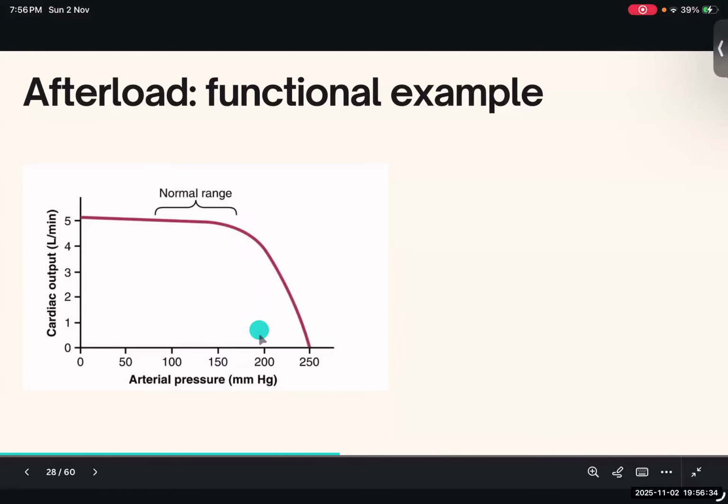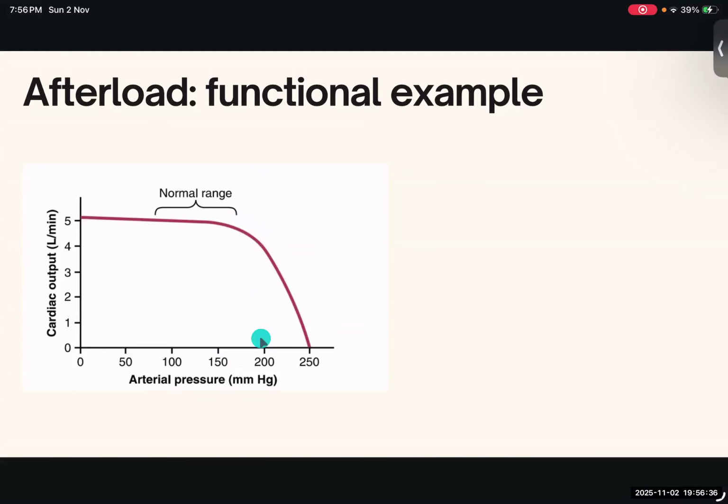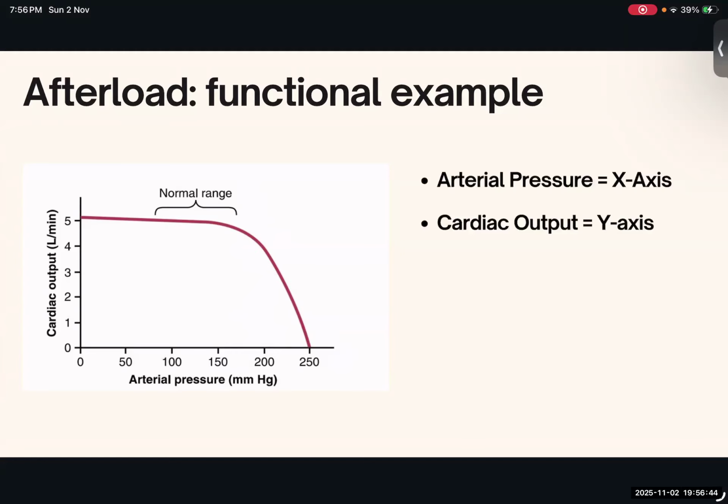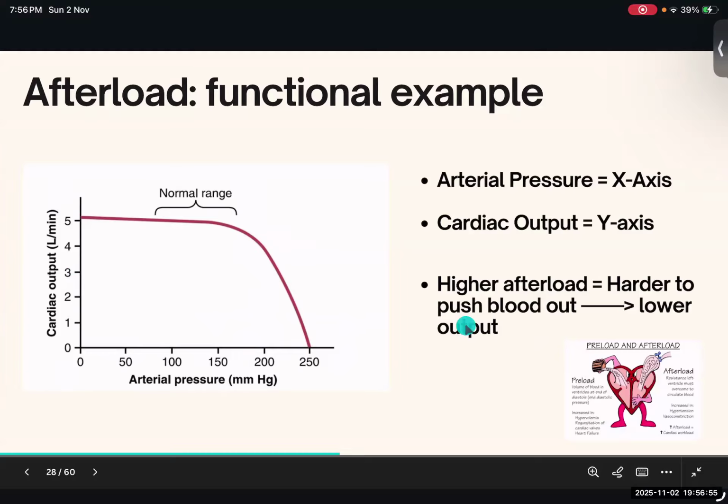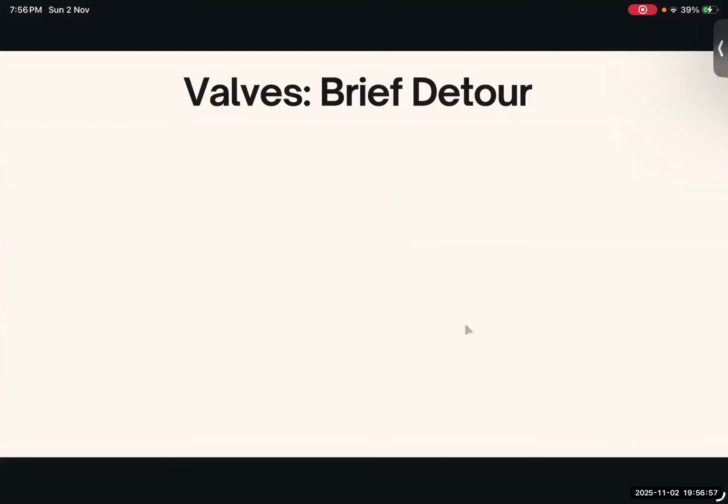But once it gets incredibly high, at around 200 millimeters of mercury, we see a dip in the efficacy of the heart pumping the blood out. So again, here the arterial pressure is the x-axis and the cardiac output is the y-axis. A higher afterload lowers the cardiac output. And this is just the image to remind you once again of the relationship.